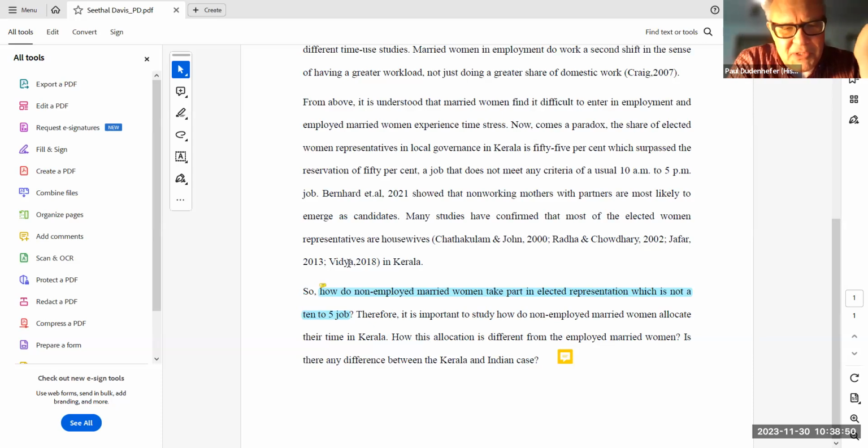So let me ask you a couple more questions, because I'm not sure I completely understand. So you ask, how do non-employed married women take part in elected representation? And I guess my reaction would be, well, they're not employed, thus they have time to take part in elected representation.